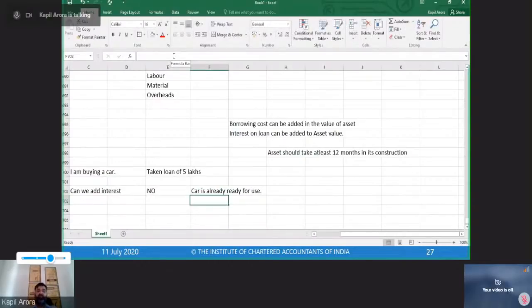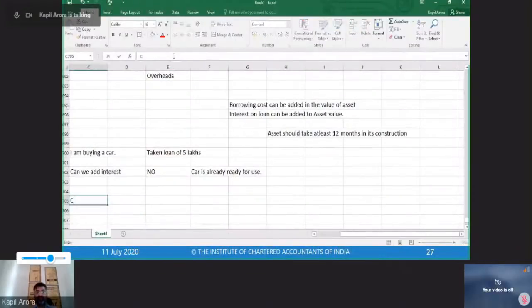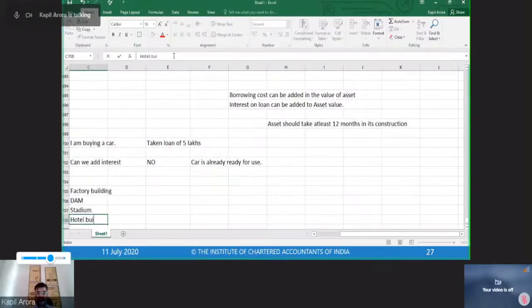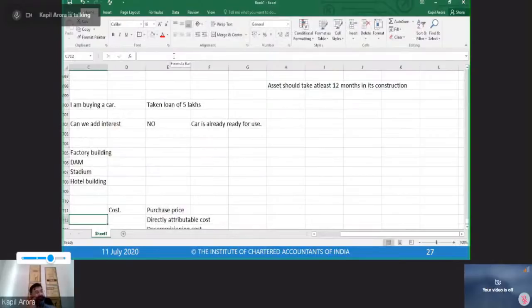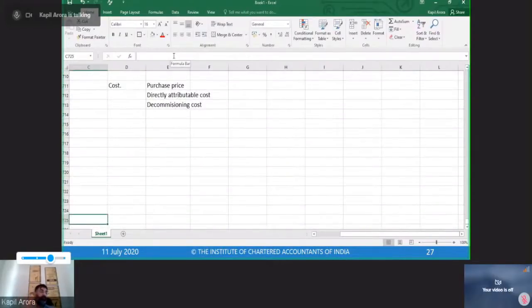Which asset can take more than 12 months? Maybe let's say factory building, dam, stadium, hotel building, which are going to take more than 12 months, and during the construction period I can still add the interest cost if that period is more than 12 months only.